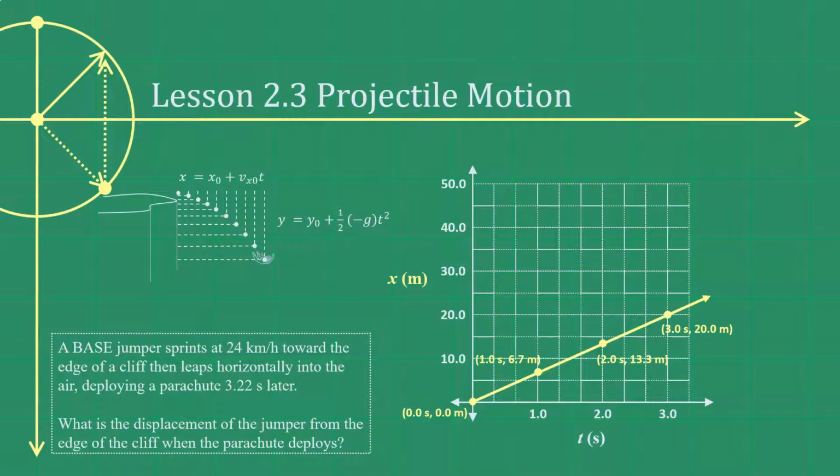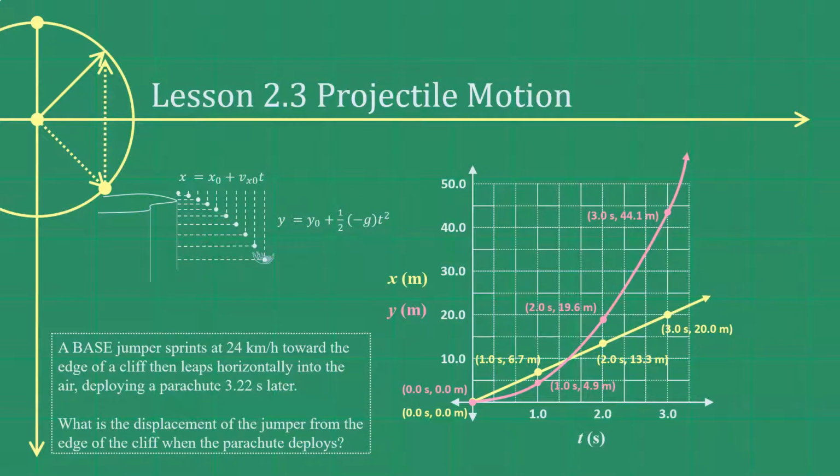Now, one thing I'm going to do, I'm actually going to flip around the sign on gravity. So instead of making this parabola go down into the negative positions, just to keep this graph simple, I'm going to flip it so that downward is positive and my y dimension parabola is going to point upward. So here's what that parabola would look like when I flip it over the x-axis.